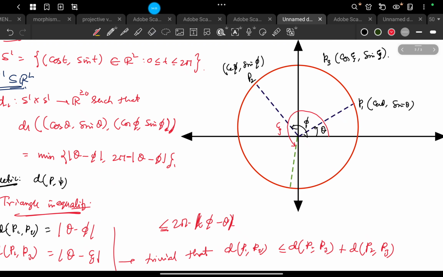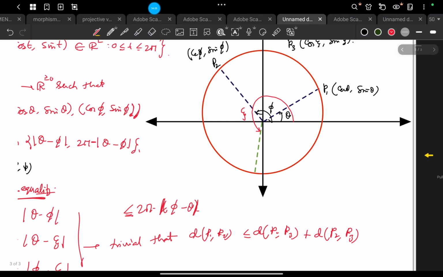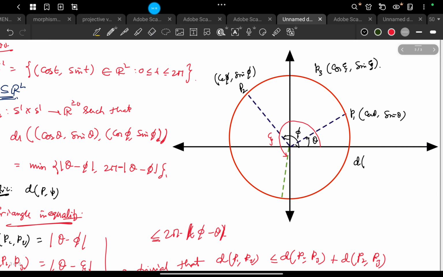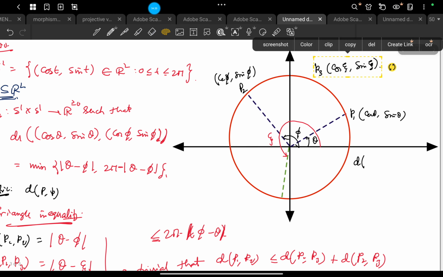So in this case, what should be d of, so yeah, let us replace it here.